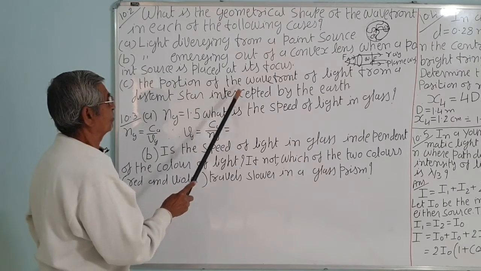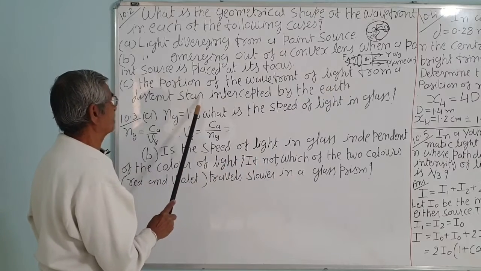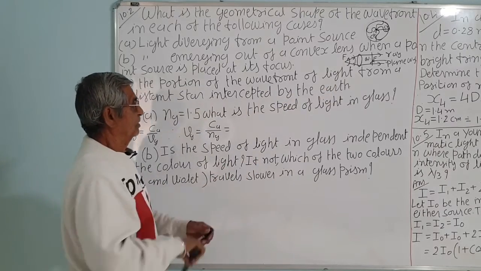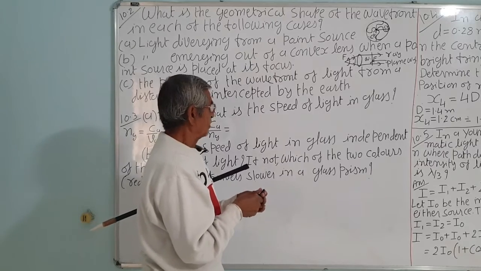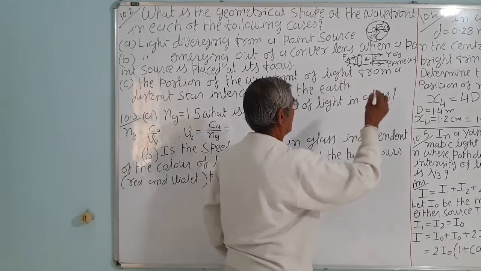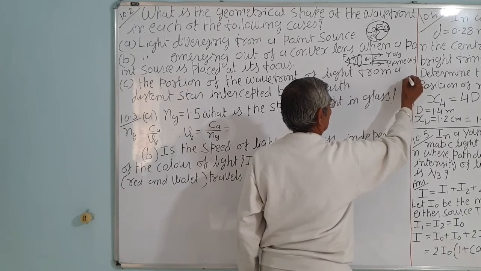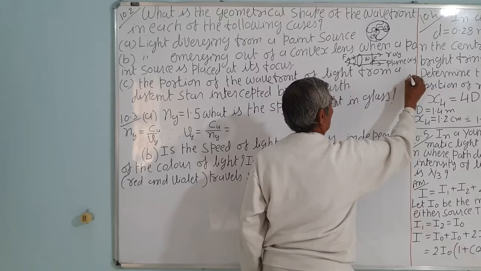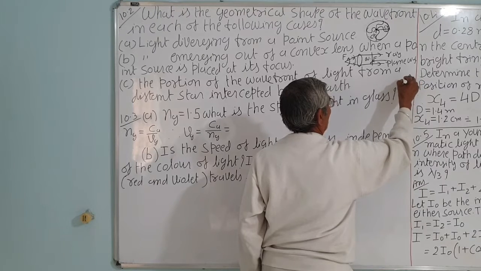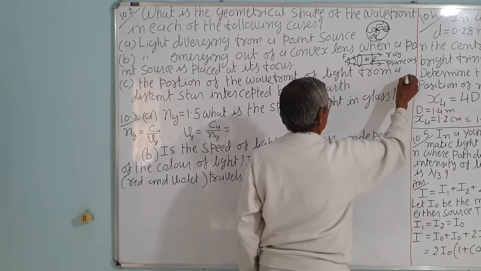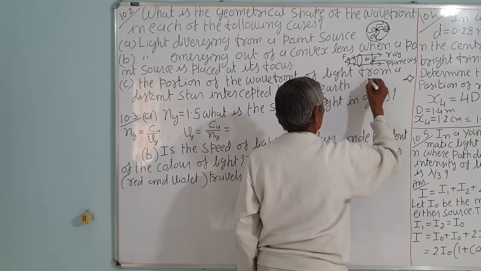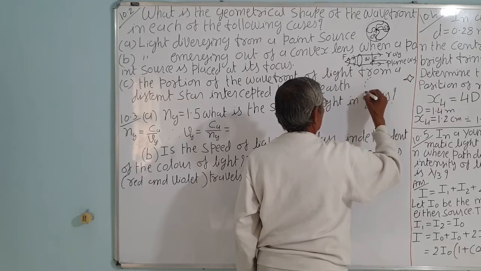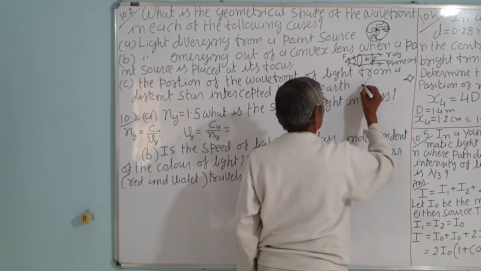Third, the portion of the wavefront of light from a distant star intercepted by Earth. The wavefronts coming from a very large distance, stars, say. That is a very large distance, so the circle will be very big. A very big circle is intercepted by the Earth.